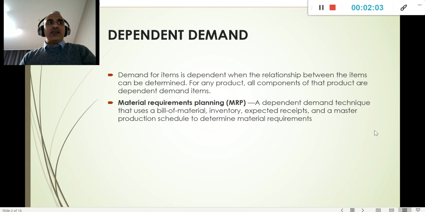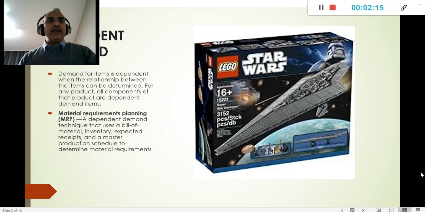Sometimes also we cannot cope with the demand because of certain reasons that are unexpected. Here, let me give you the case of Lego, and the Star Wars product.